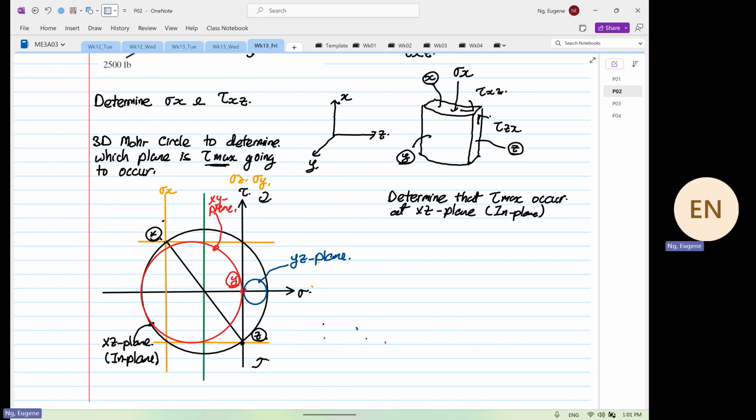Now, why is this important? Okay, so we are going to label this as stress A, and we are going to label this as stress B. So to determine tau max will be equal to what? Stress B minus stress A, and then we are going to divide by 2.